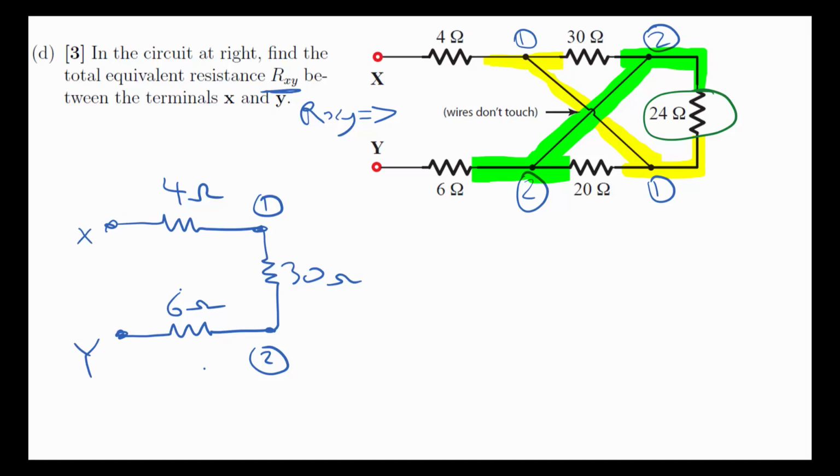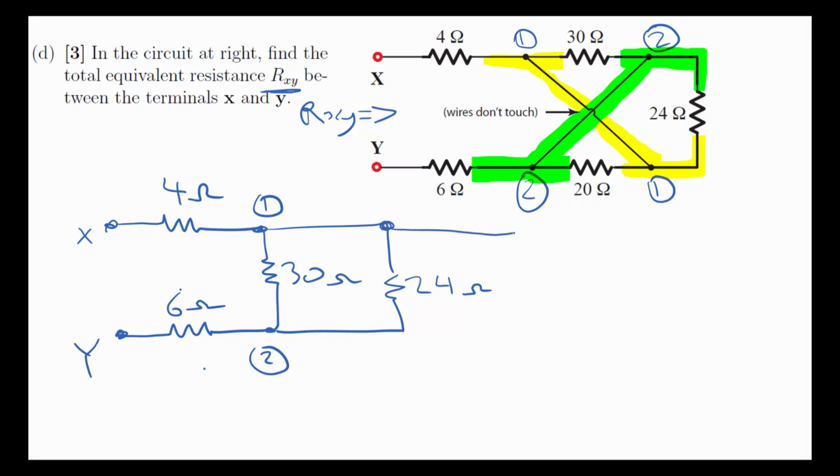So let us connect that resistor between node 2 and node 1. That is 24 ohms. Then we continue, and we see the 20 ohm resistor is connected between node 2 and node 1. So we can just add that here, 20 ohms.